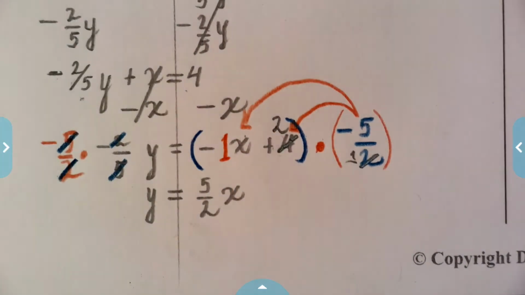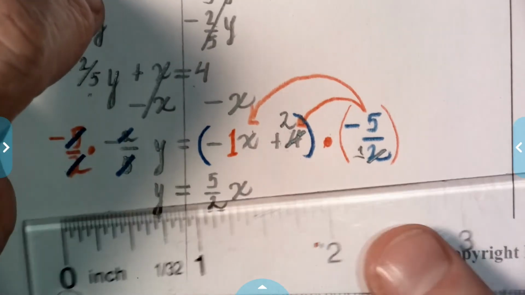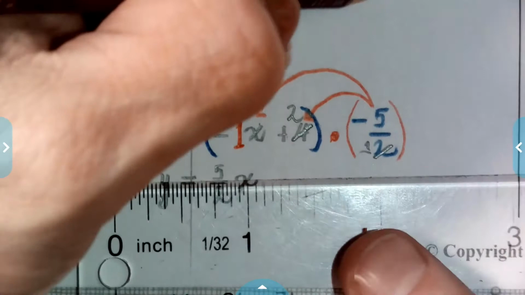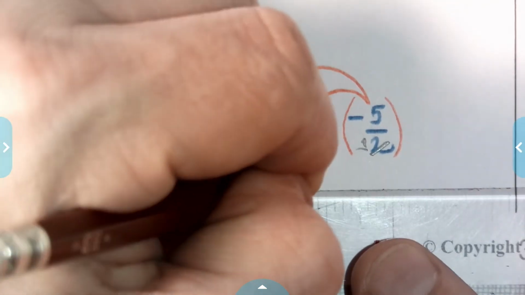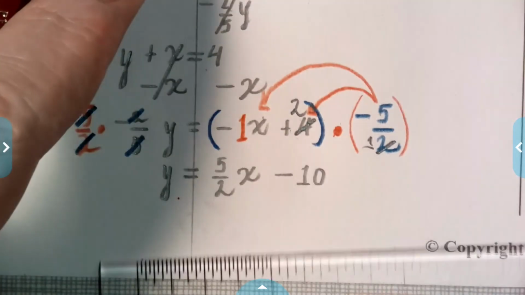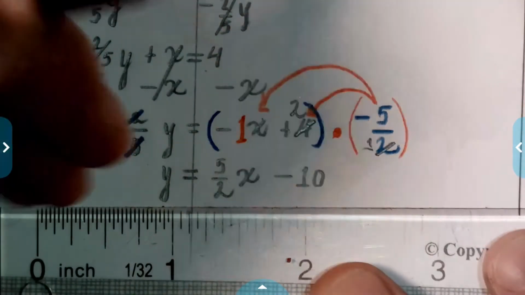I'm just multiplying negative 5 times 2, which is negative 10. So now I know my y-intercept is negative 10.